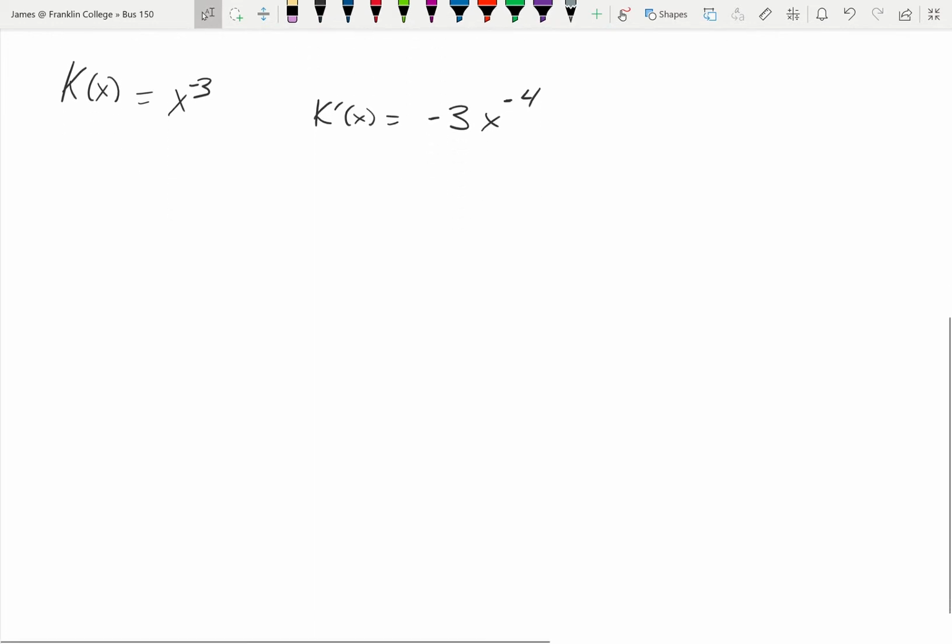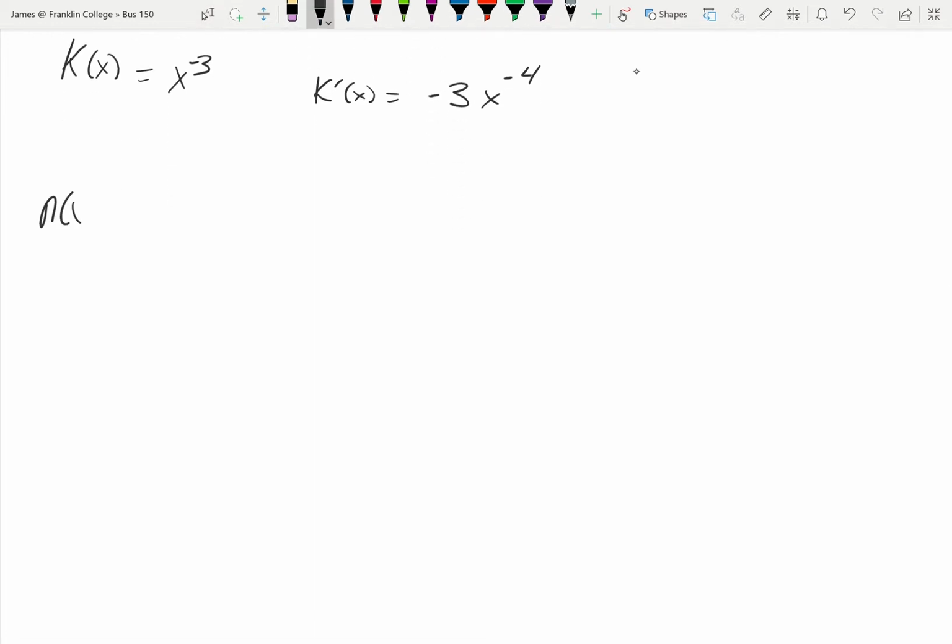Alright, if n of x equals 1 over x to the 7th power, it's going to be worth it to us to rewrite this equation so that the denominator is now in the numerator. We're going to use some properties that we know about exponents, and we know that this is equal to x raised to the negative 7th power.